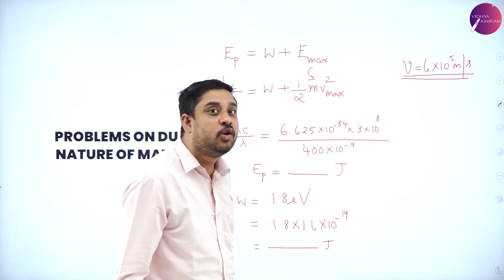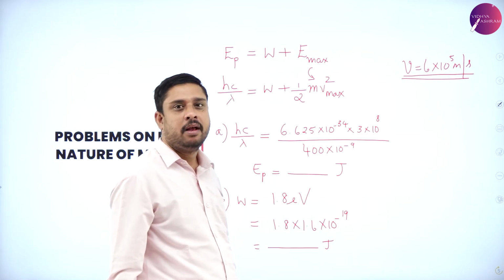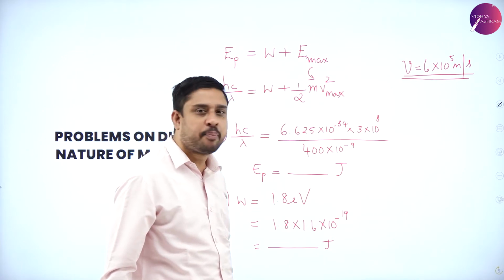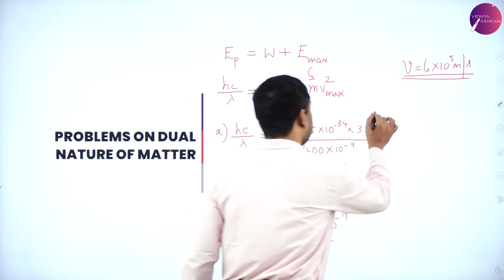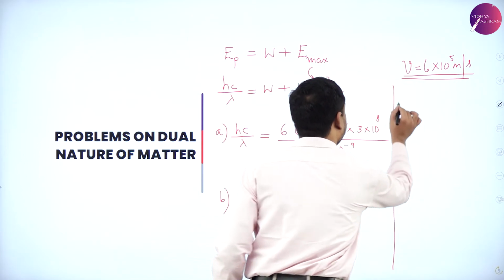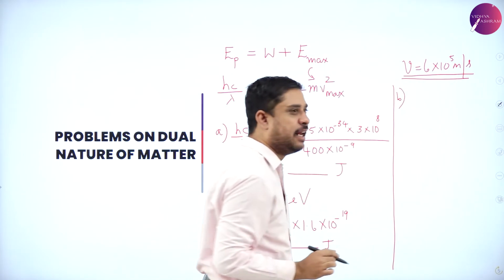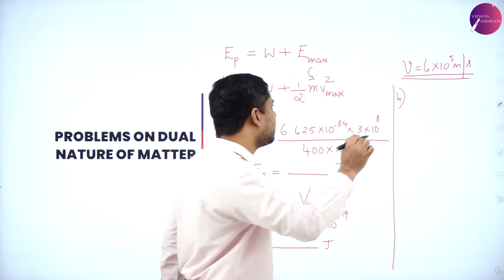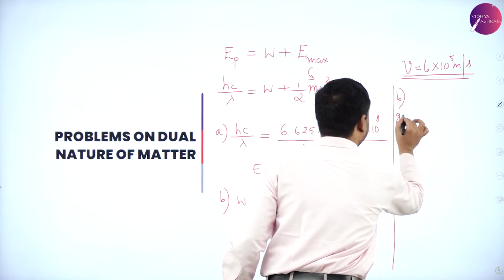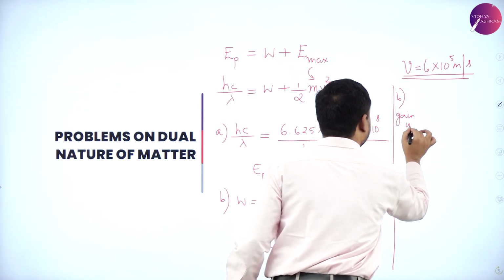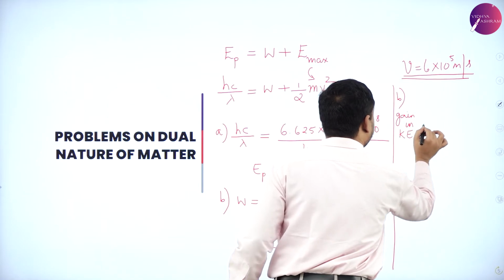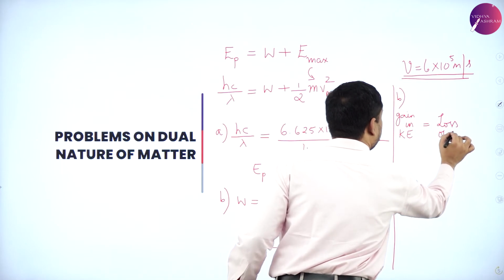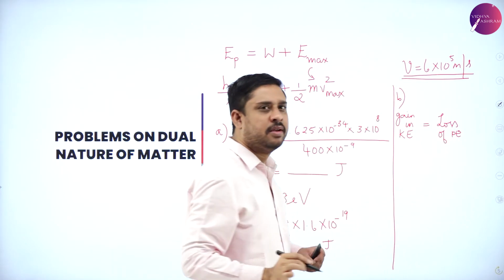Now, how do I calculate the second part? The retarding potential, the so-called stopping potential. The moment I say potential, as usual, the same concept: gain in kinetic energy is loss of potential energy.